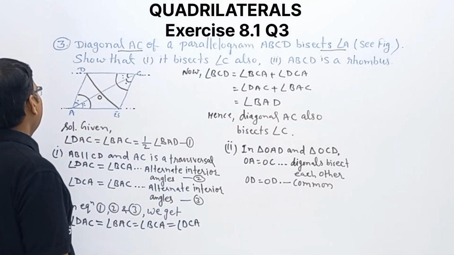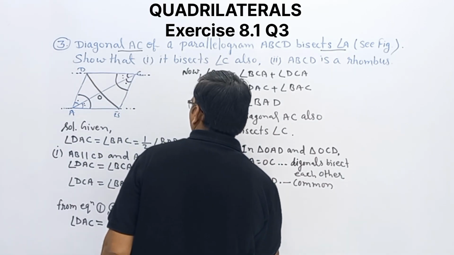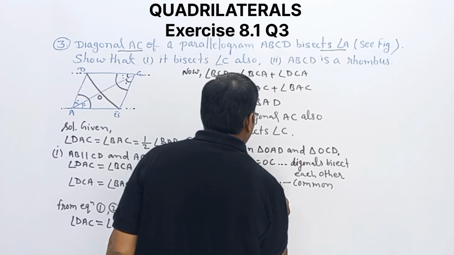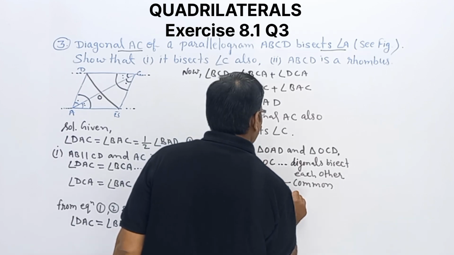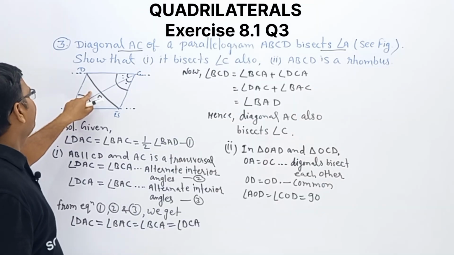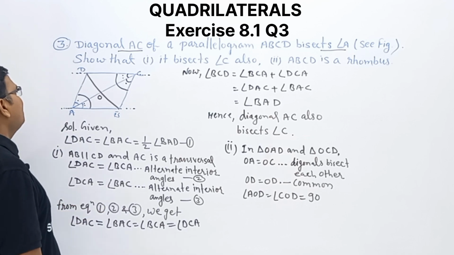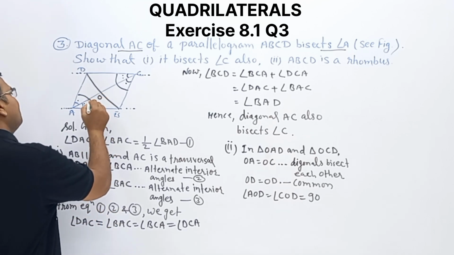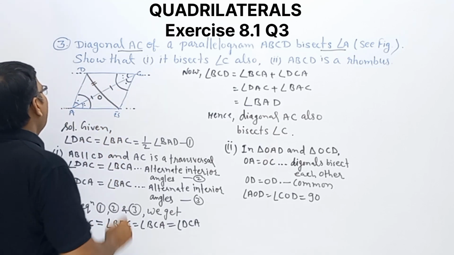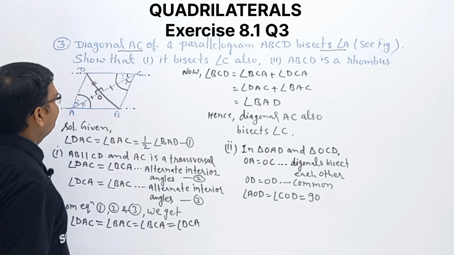Another thing we also require: angle AOD equals angle COD equals 90 degrees. In the parallelogram, diagonals are bisecting each other. It means this side equals this one, which is common in both. And finally there is the 90 degree angle.